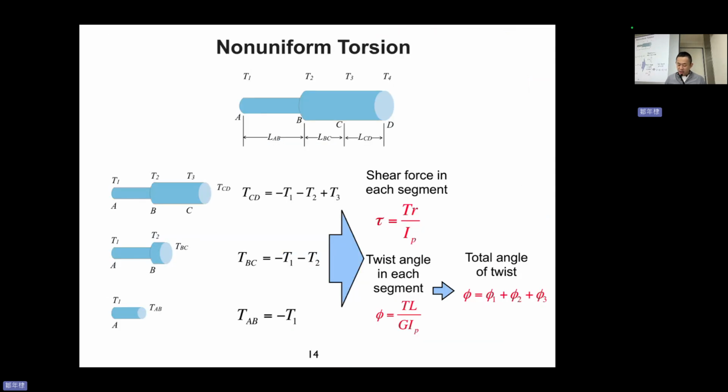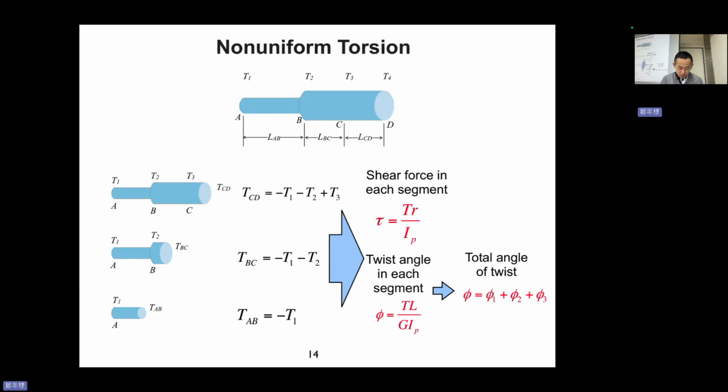Okay, next one. The rest of this chapter will be quite fast because you already know the concept, since it's all similar to axially loaded members. You can see that non-uniform torsion and different cross-sections are very similar to what we learned in chapter 2, right?